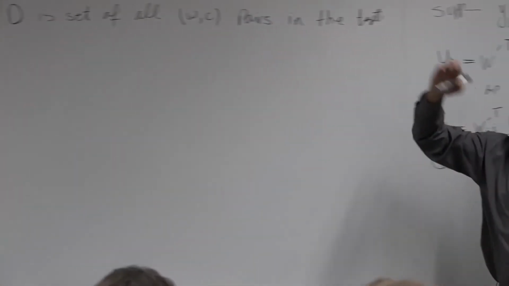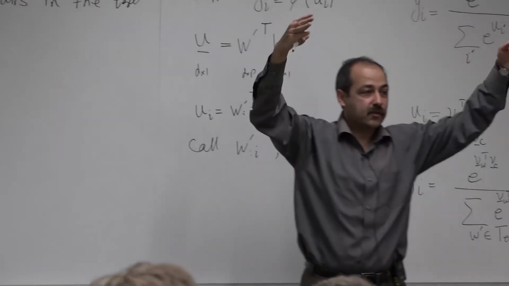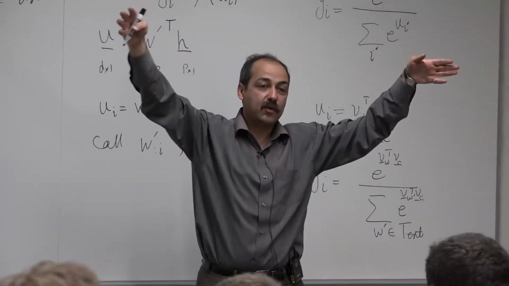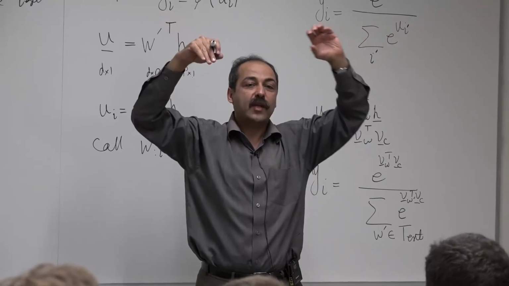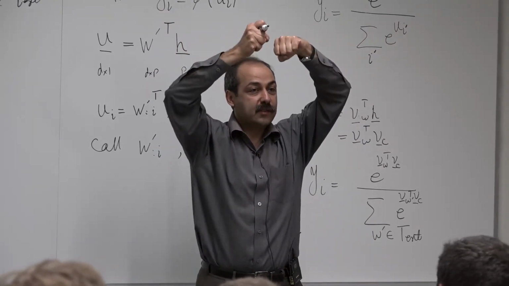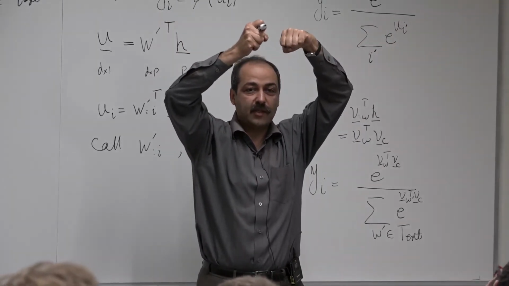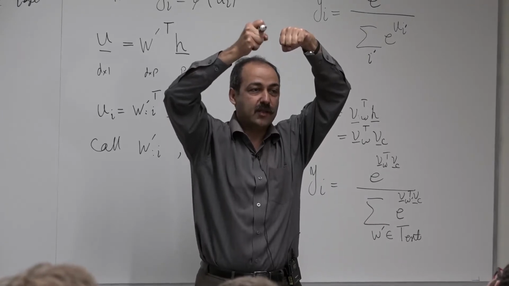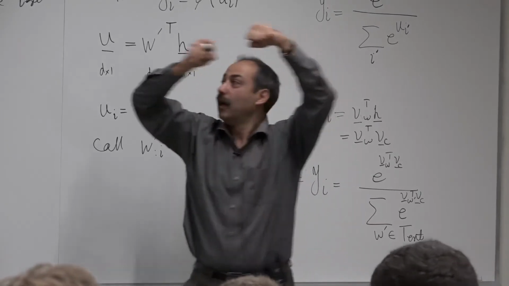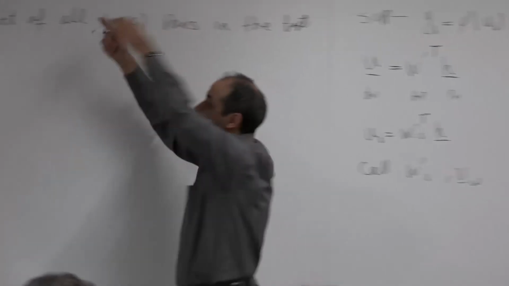So I have this window with some length, and I look at my whole corpus, and whenever a word and its context appear, I mean another word is in the context of that word, they appear together, I put this pair in set D.